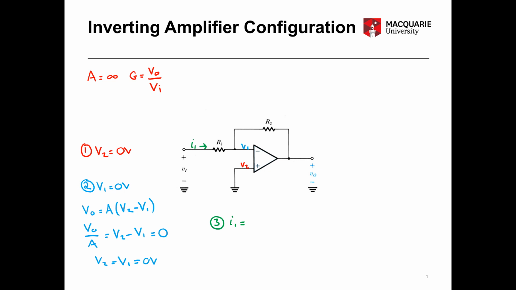We know that the I1 current must be the voltage dropped across the resistor R1, which would be V in minus V1, which we know is 0 volts, so minus 0, divided by that resistor R1. So therefore we can say that I1 is equal to Vin over R1.